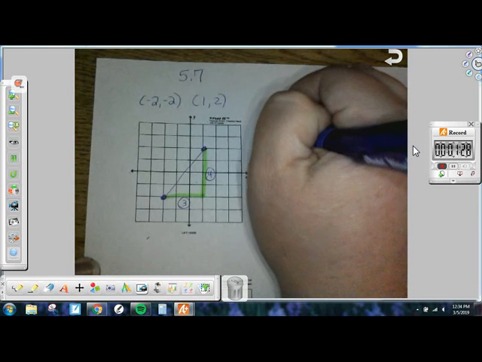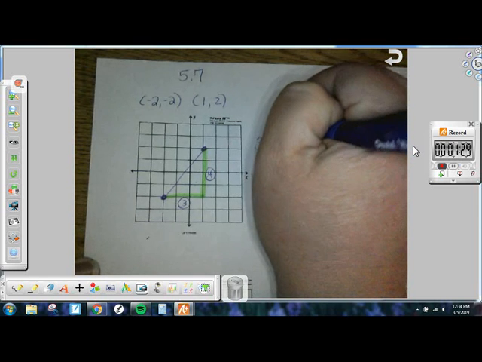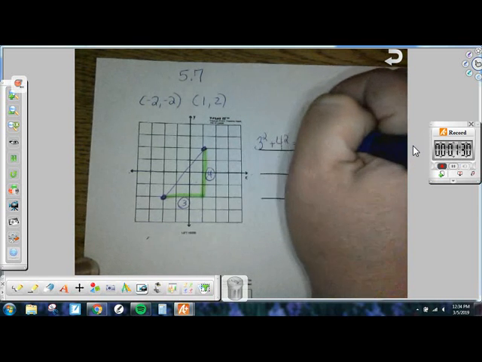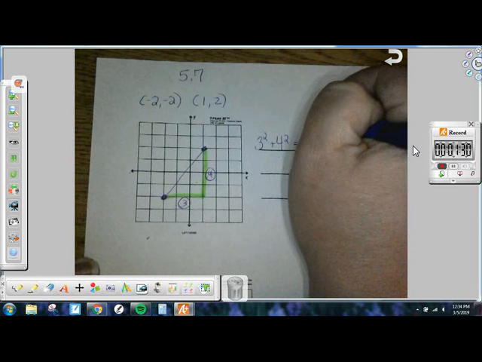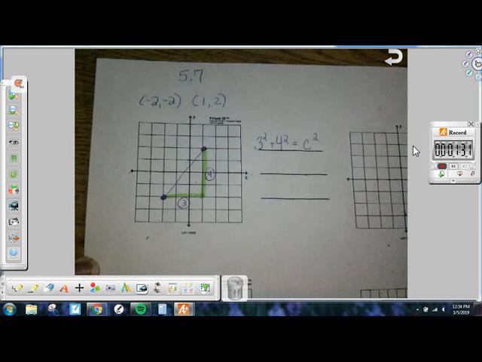This leg right here, I can count from this point down, and it covers 2 units. Counting across, 1, 2, 3, 4, 5, 6, 7, 8 units. What am I going to write as my equation? A squared plus 2 squared equals c squared. Very good. Again, I'm finding a hypotenuse.